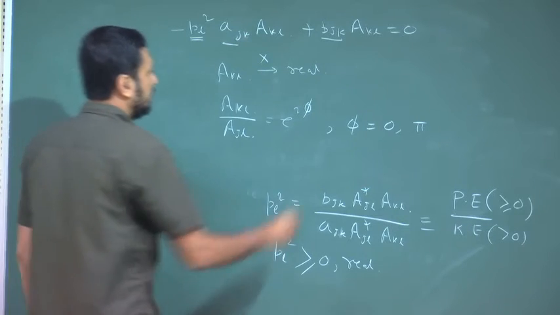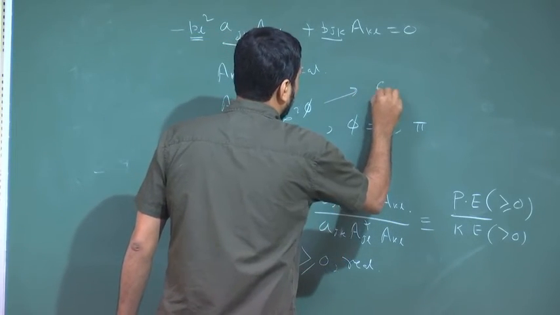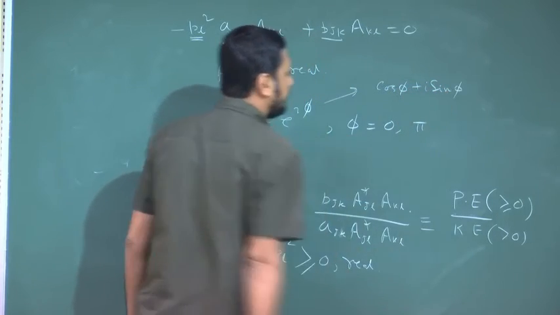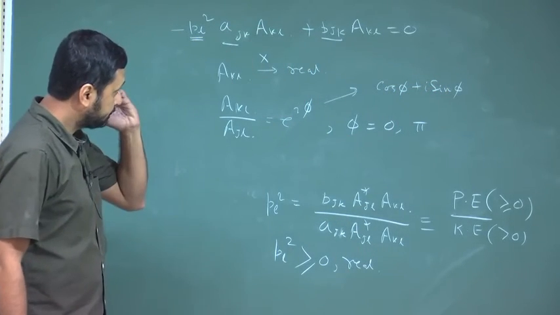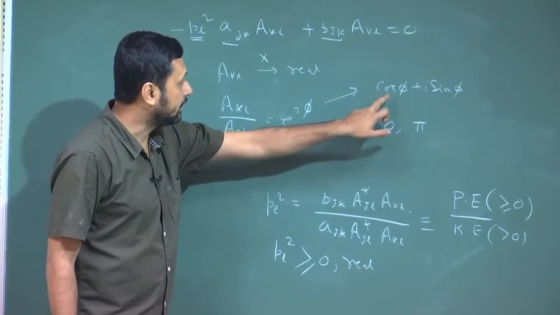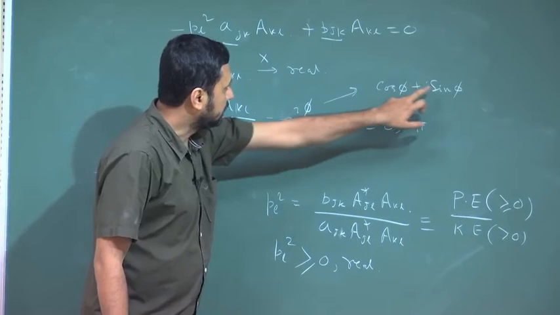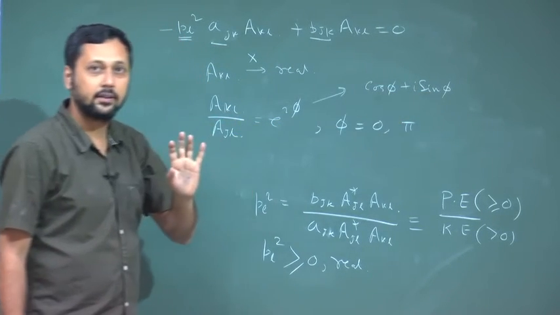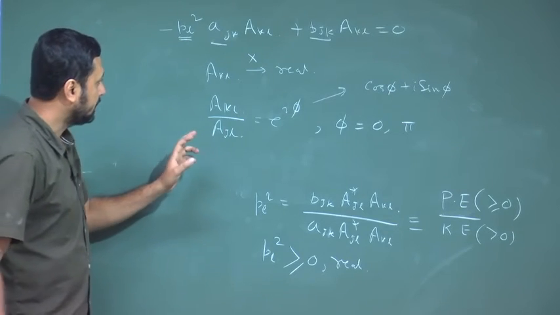So, we know that e to the power i phi is equal to cos phi plus i sin phi. Now, if you put phi equal to 0, then this term vanishes, and we have cos phi equal to 1. So, the idea is there is no imaginary part in this.